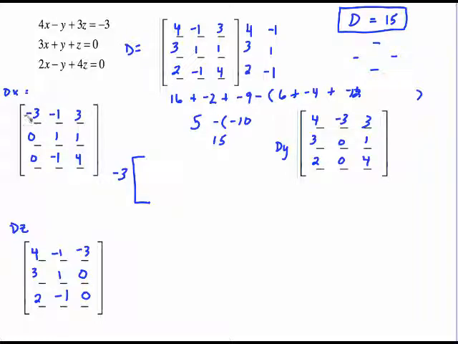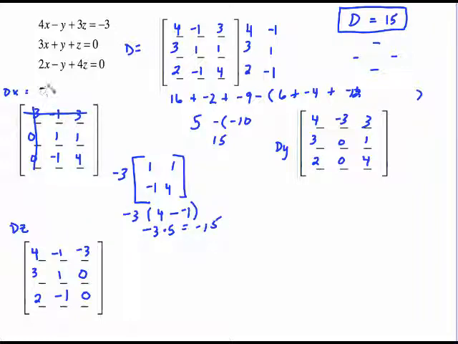And then I can strike the row and the column, and what's left is 1, 1, negative 1, 4, which will be negative 3 times the determinant of that 2 by 2. 1 times 4 is 4, minus negative 1 times 1 is negative 1, so this is negative 3 times 5, which gives me negative 15.